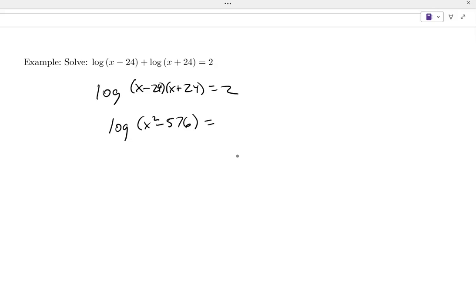Okay. Good. Yep. Go ahead and multiply it out. That's fine. How about next? Take the base to the 2. And your base is 10. Good. And then equals x squared minus 576. So far, so good?